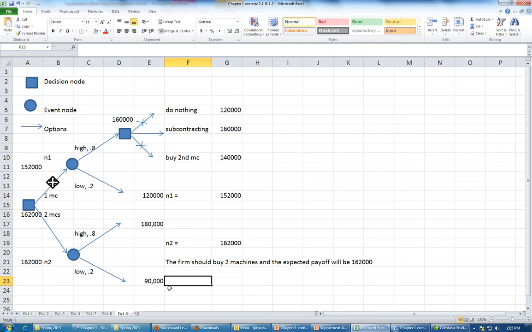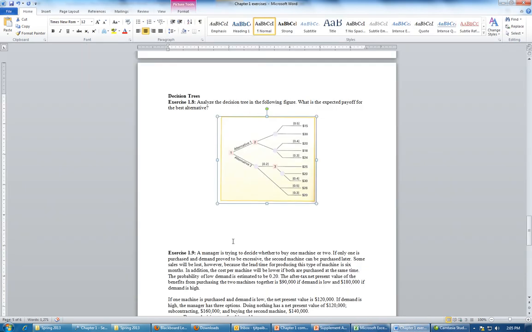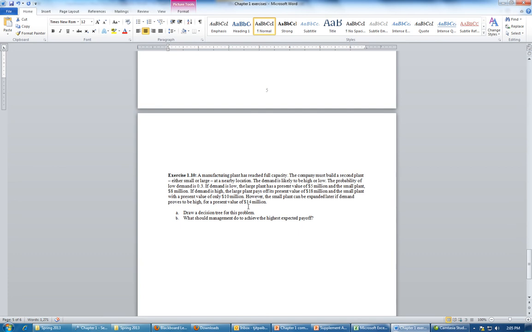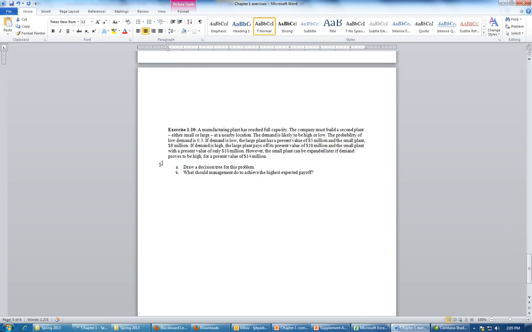For example, if an organization loses money, it means that the payoff will be negative. And for example 1.10, students may do this on their own time, or practice it.